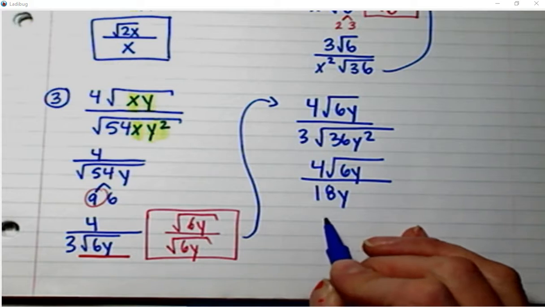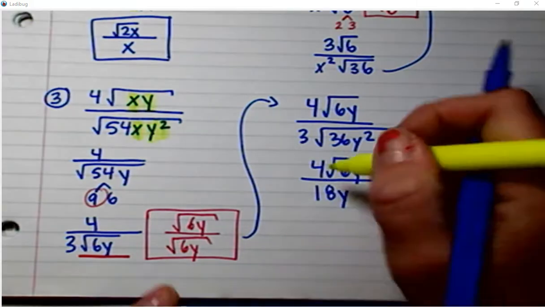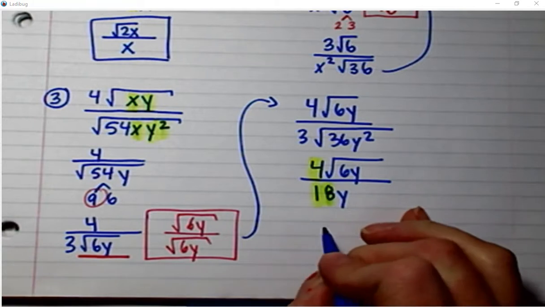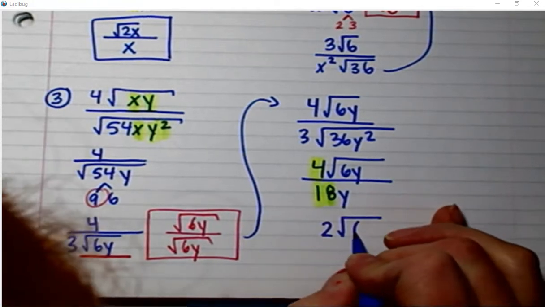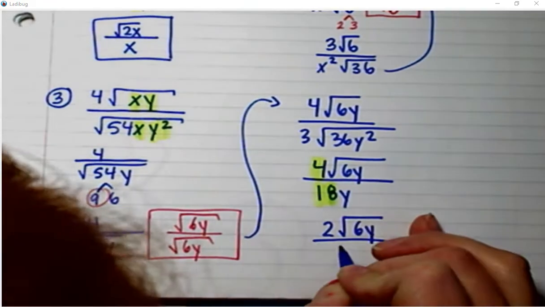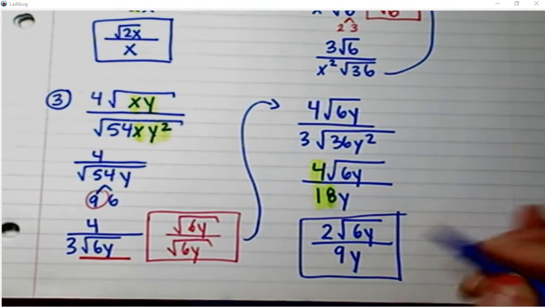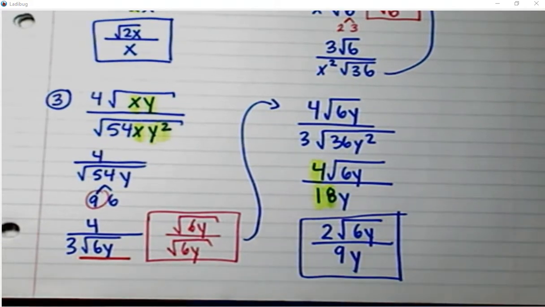Okay, so let's do that. 4 and 18, which are both outside the radical. So I'm going to reduce those two numbers. Okay. And as I'm boxing my number, I'm like, there's no perfect squares left in the radical.